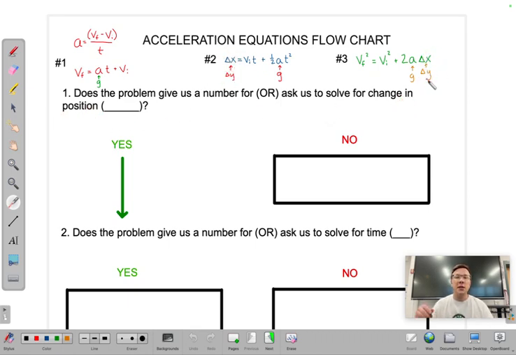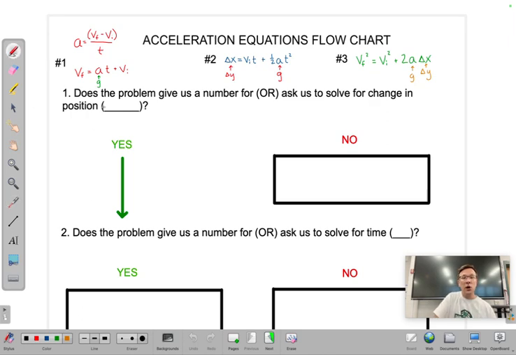The reason we're asking this question is because 2 of the 3 equations have a change in position variable in them. So equation 1 does not have delta x or delta y in the equation. There's no change in position that's needed to use this equation. However, we have change in position here and here in equation 2 or 3.